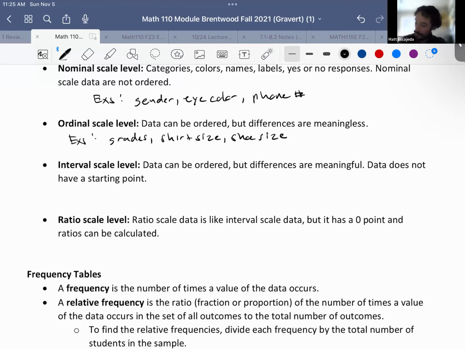What this really means is that the data can be ordered, from best to worst, greatest to least, but you can't really find the difference.